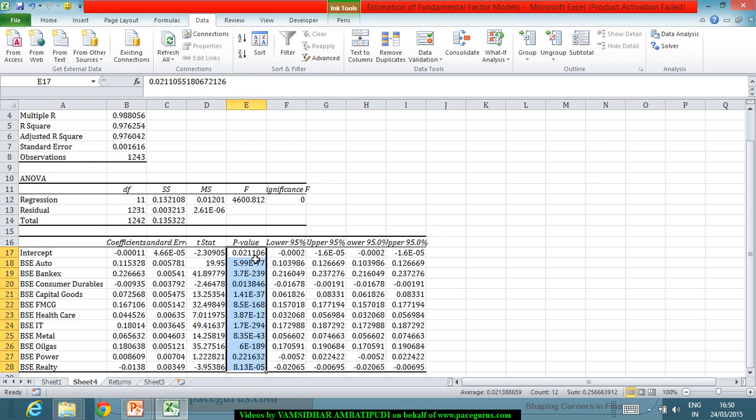Anywhere the p-value is less than 0.05 indicates that that variable is significantly contributing to the model. Otherwise, it is not significantly contributing.